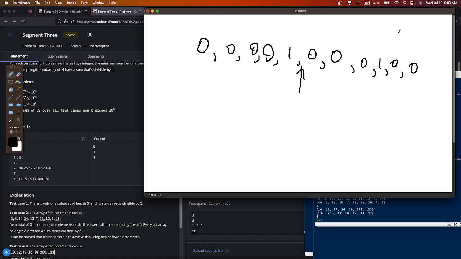We can't just test every subarray since that's n squared.